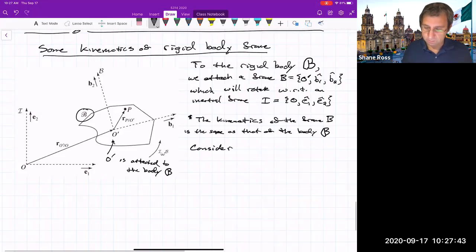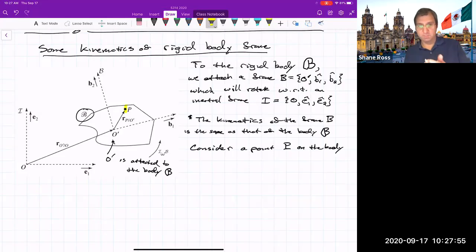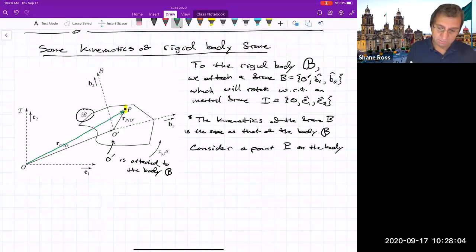Let's consider a point P on the body, like in the schematic here. So this is another point on the body. This is P. It's displaced a little bit from O prime. Maybe it's displaced a lot. I don't know. And I'm going to write the location of P, R_PO, right?